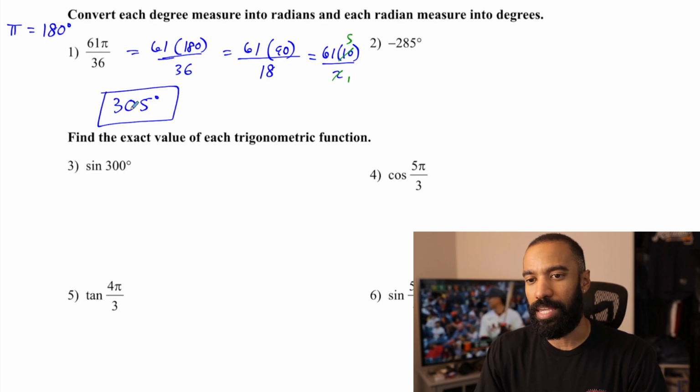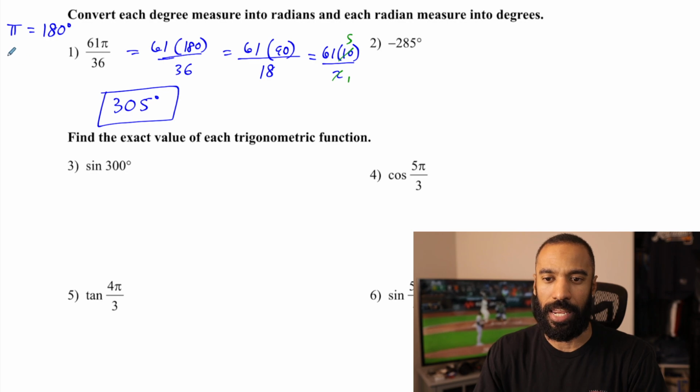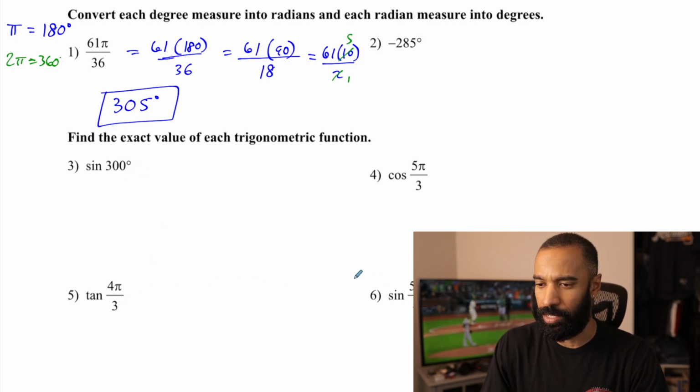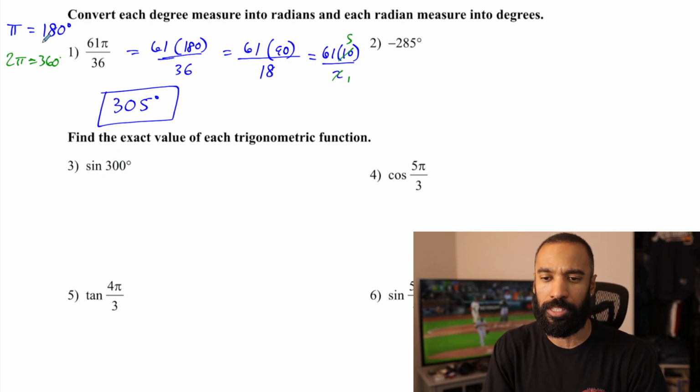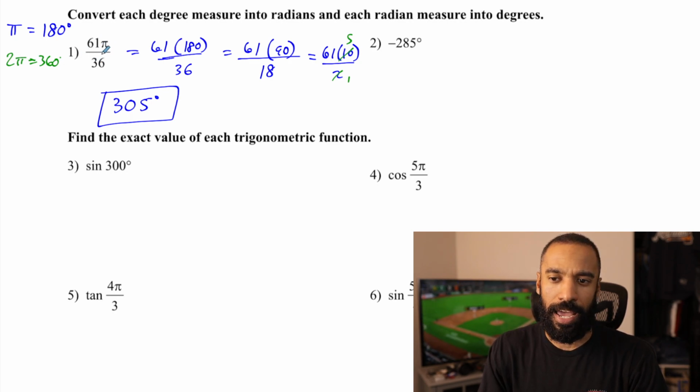And just as making sense of your answer here, one thing to note, pi is 180 degrees, so 2 pi is 360 degrees. One thing that'll help on a lot of the problems that we do, especially when we hit some coterminal bits, is knowing how fractions work. 2 pi would also be 72 pi over 36, right?